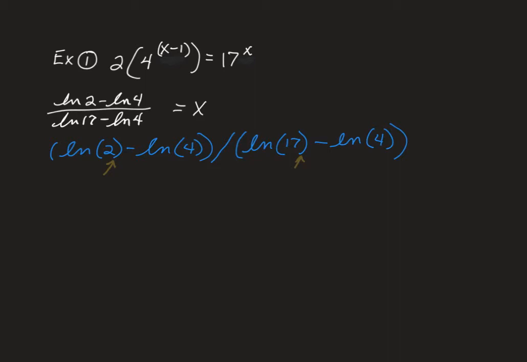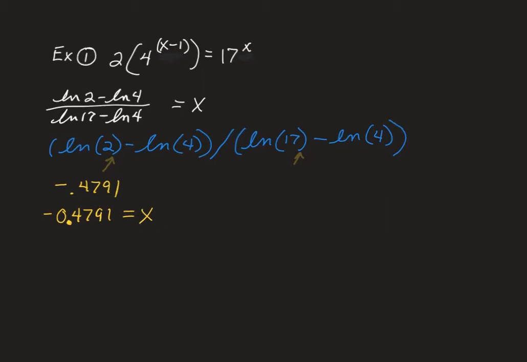And if you have put it in correctly, you will receive as your answer negative 0.4791, which I always report with an initial 0 to draw attention to the fact that there is a decimal point there and you don't miss it. And that is the approximate answer for x.